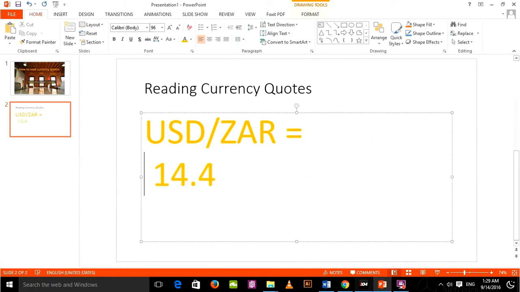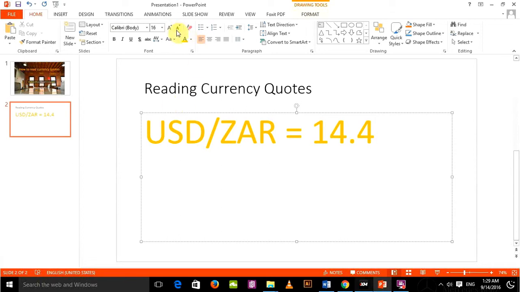In reading quotes, we are always given two currencies measured against one another. Let's try to examine what this means.